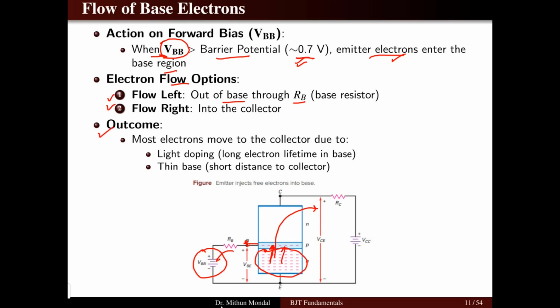However, the outcome is that most electrons move to the collector due to two important reasons. First, the light doping of the base gives a long electron lifetime in the base, and the base is very thin, so you have a short distance to the collector. Since the base is very thin and lightly doped, most of the electrons from the emitter pass to the collector rather than moving left to the source through the base resistor.